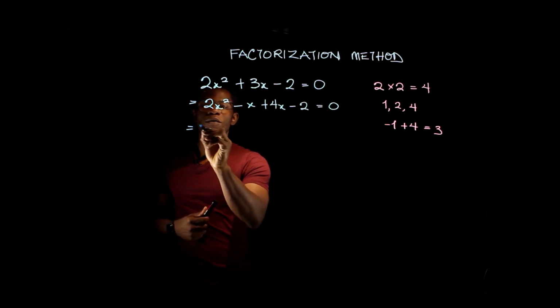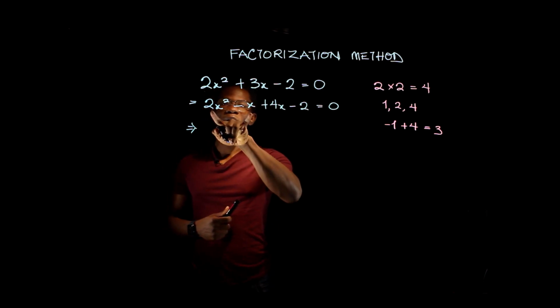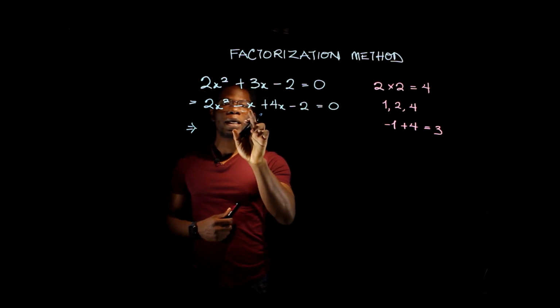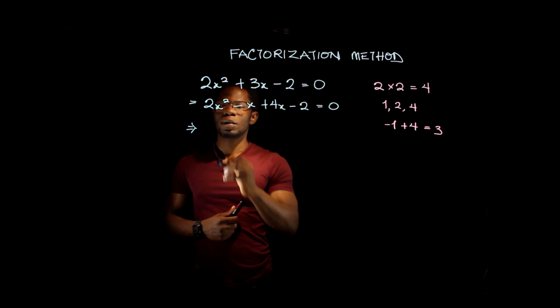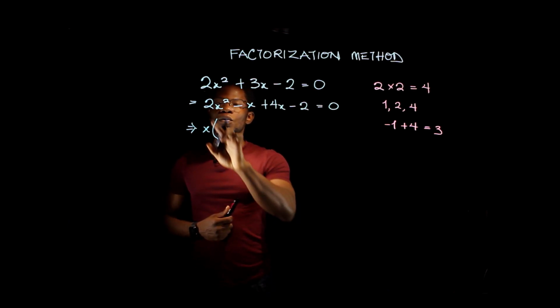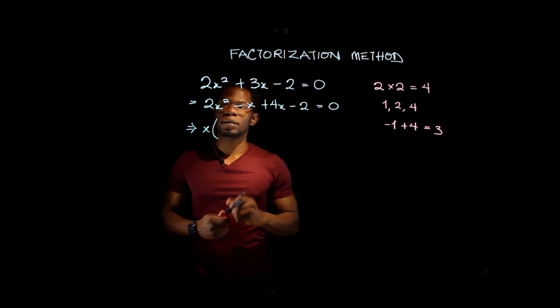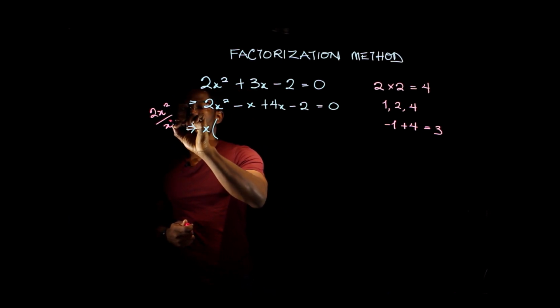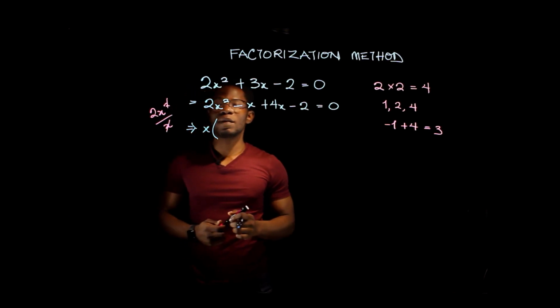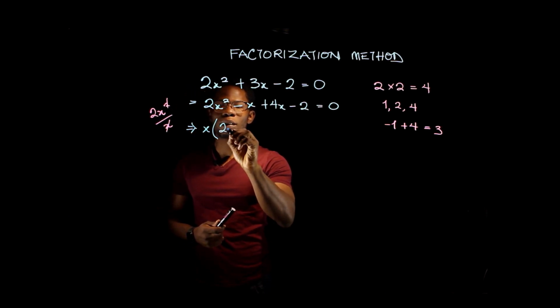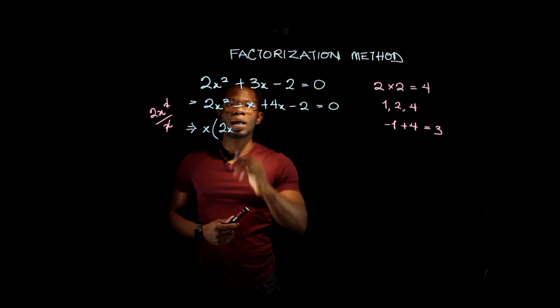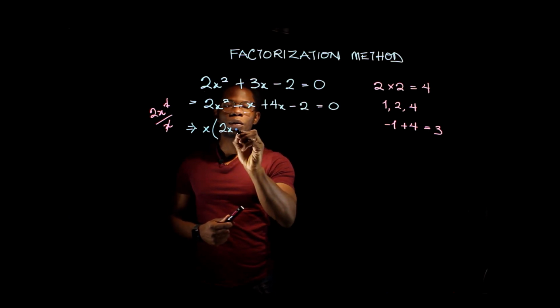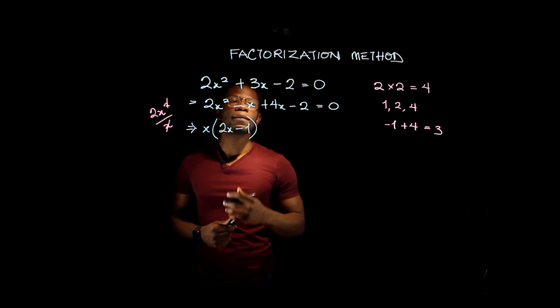So to factorize this equation, we take the first two terms here. Now x is common to both terms here. So we write x outside of the bracket. 2x squared divided by x. This x cancels out one of the x here, leaving us with 2x. So we have 2x. And minus x divided by x will result in minus 1.